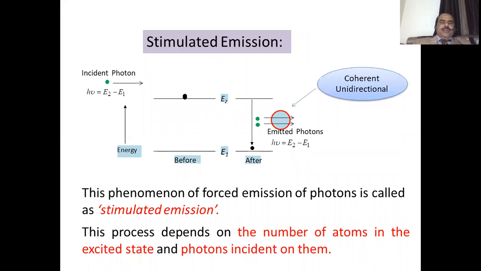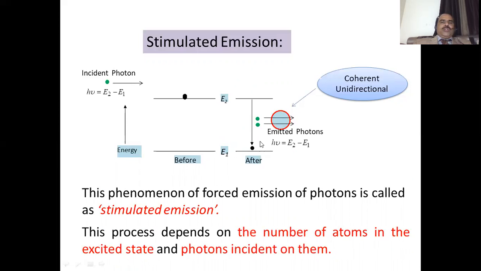In stimulated emission, your atom is in the excited state, E2 level. Now in this case, we allow a photon of energy E2 minus E1, equal to the energy difference between the two levels, to be incident on this system. This incident photon triggers the atom in the excited state, and the atom comes to the ground state.